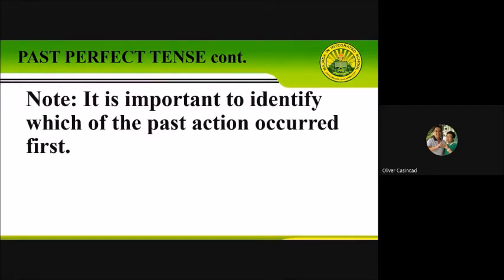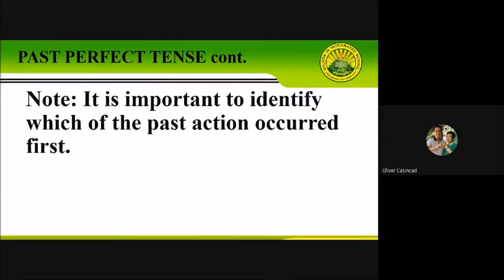Very important note to remember: it is important to identify which of the past actions occurred first. For you to be able to identify if a particular verb should be in the past perfect, you have to identify if that past action happened first.